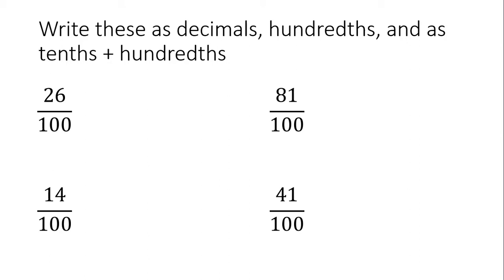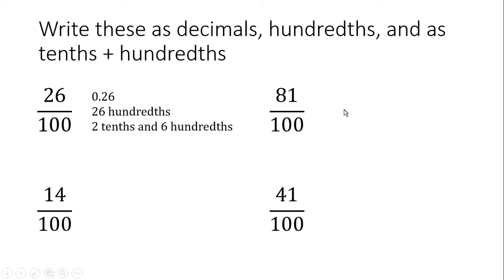Okay, let's check if you got them right. Starting in the top left corner, it's 26 hundredths, and you could write that as 0.26. And of course you could say 26 hundredths like I just said, but you could also look at the 2 in the tenths place and say 2 tenths, and look at the 6 in the hundredths place and say 6 hundredths, so 2 tenths and 6 hundredths.